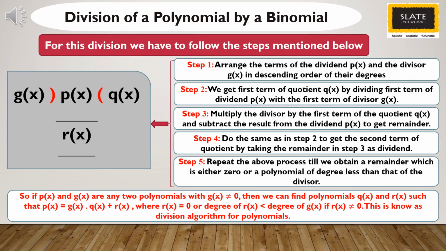That means here already we have discussed about division algorithm, dividend equal to divisor into quotient plus remainder, where remainder r of x is equal to 0 or the degree of r of x will be less than degree of g of x if r of x is not equal to 0. This is known as division algorithm for polynomials.